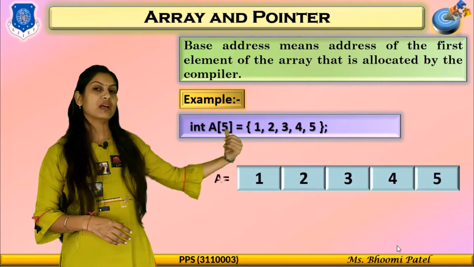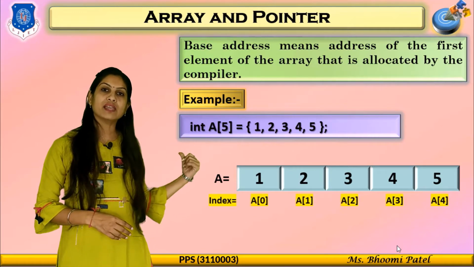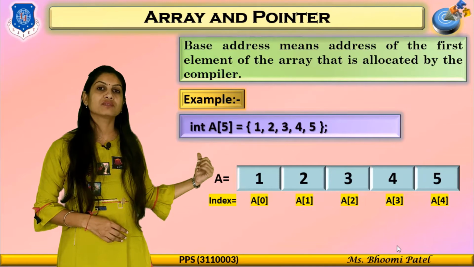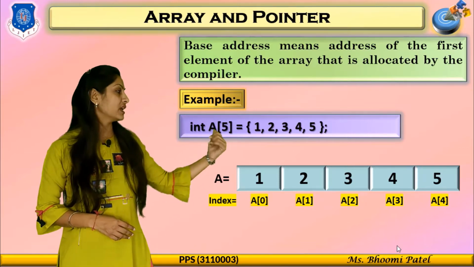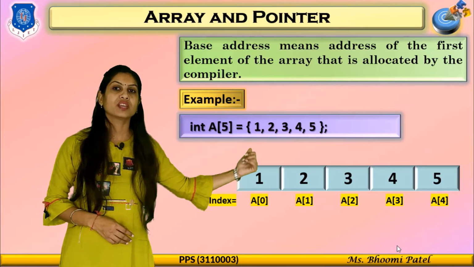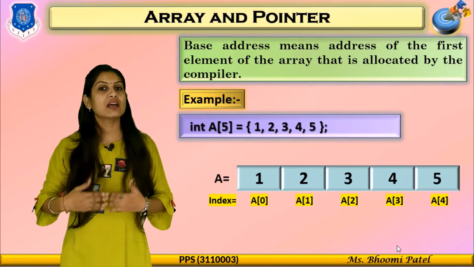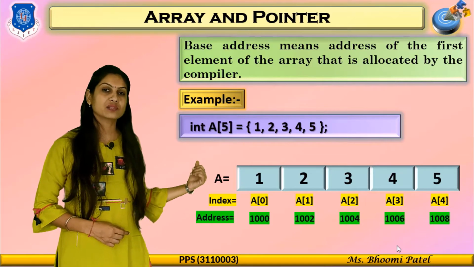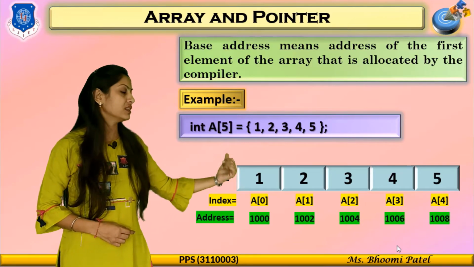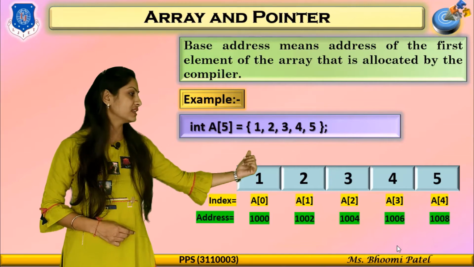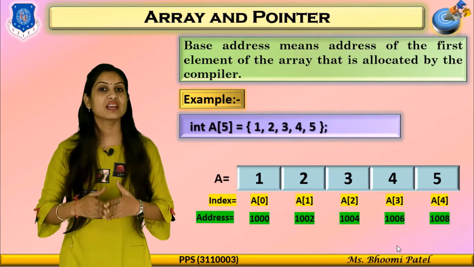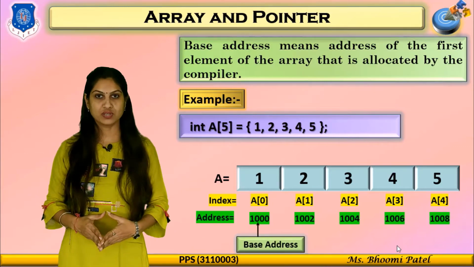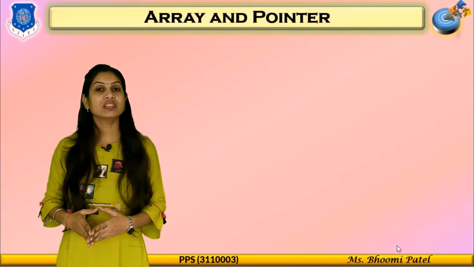The 5 different values we are storing in a single variable, that is a, with indexes a of 0, because the first index is always 0, then a of 1, a of 2, a of 3 and a of 4. Each and every element has some address; I have taken here random addresses 1000 for the first, then 1002, 1004, 1006, 1008, and here our base address is nothing but the address of the first element, that we can say 1000.